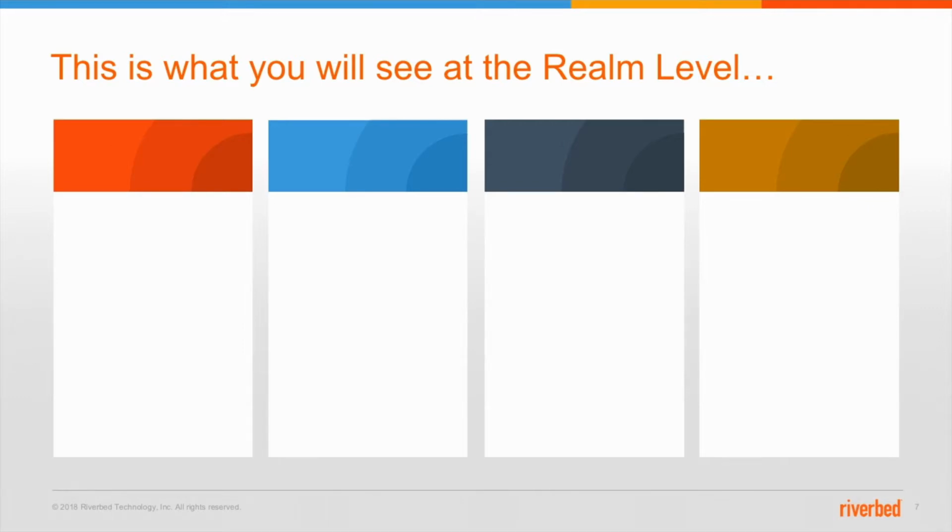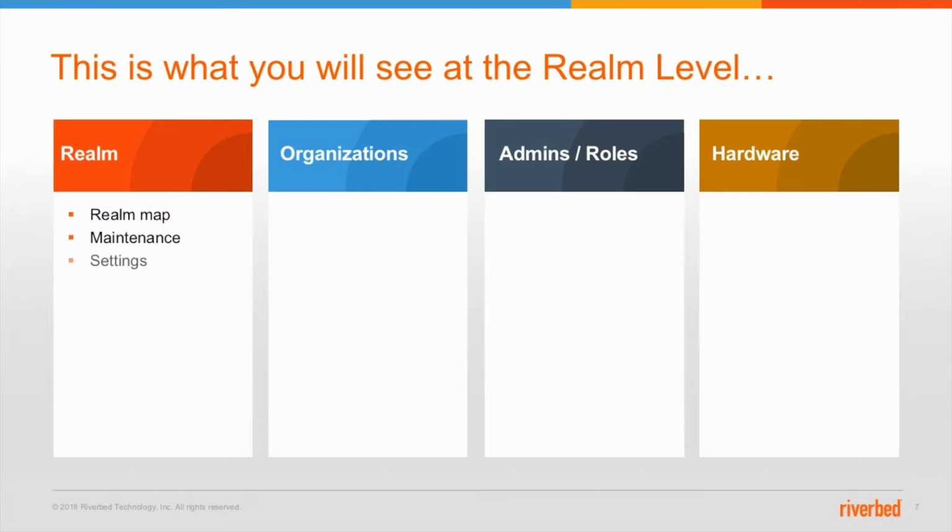As soon as you log into the SCM, you will land on the realm page. On the left side of the GUI, you will notice multiple tabs such as realm, organizations, admins and their roles, and hardware. Further, within each tab, you will notice multiple tabs. So let's say under the realm tab, you will notice realm map, maintenance, settings, export settings, third-party integrations, and legal disclaimer.